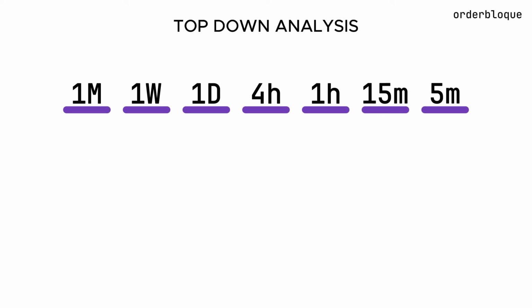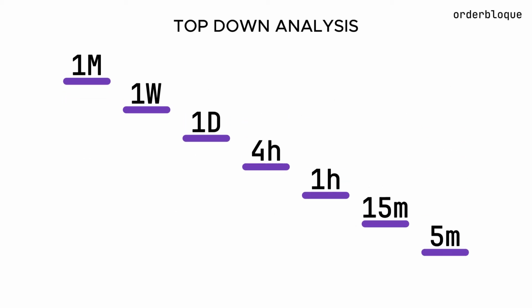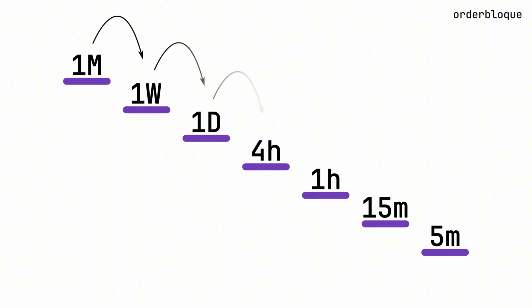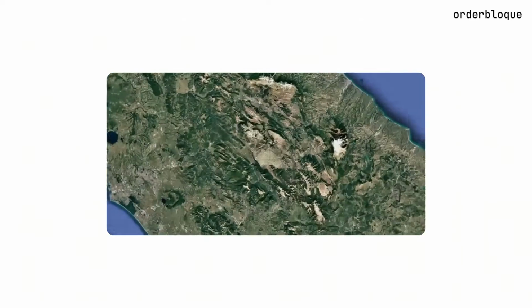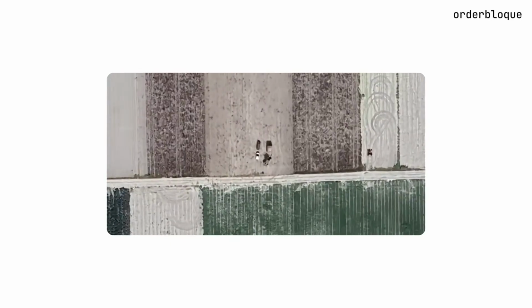Returning to our top-down analysis, schematically this can be represented as a distinctive staircase, where each step symbolizes a specific time frame. Starting from the topmost step, we gradually descend, revealing more nuances and details that help us better understand the market context. This process can be compared to increasing the detail on a map. The lower we descend, the more details become visible to our view.